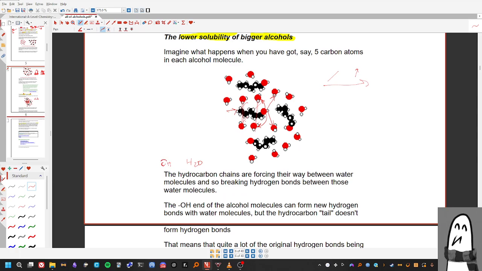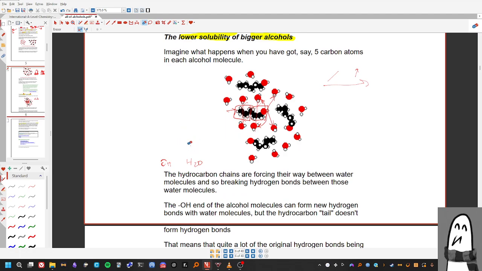So the instantaneous dipole happens over here and over here, or even from the C to the H when you have a C over here and H on the outside. That occurs the moment you have an H2O right next to you. So there you have one dispersion force happening over there.